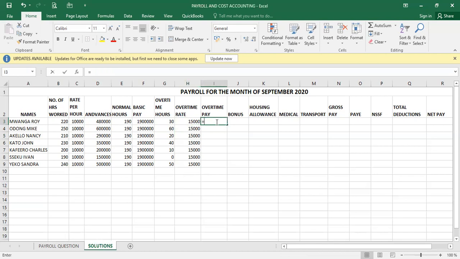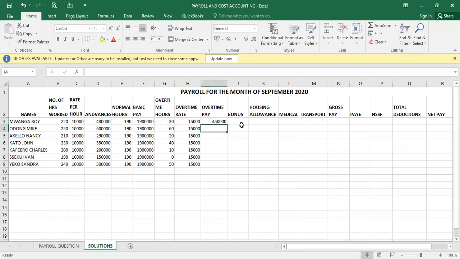So when you are computing the overtime pay, we take the time we've spent above the normal hours, then multiply by the overtime rate, which will be 30 times the 15,000.